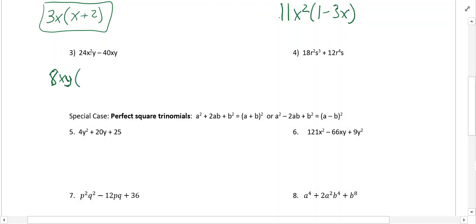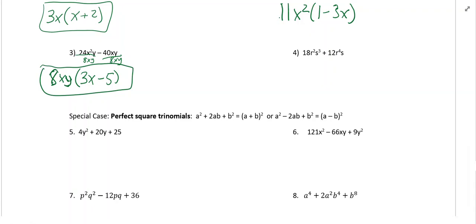When you factor out that 8xy, you'd be left with 3x minus 5. And again, if you want to put that 8xy underneath and then simplify, that's a perfectly fine way of doing it. So I want you to go ahead and pause the video and try to do number 4.